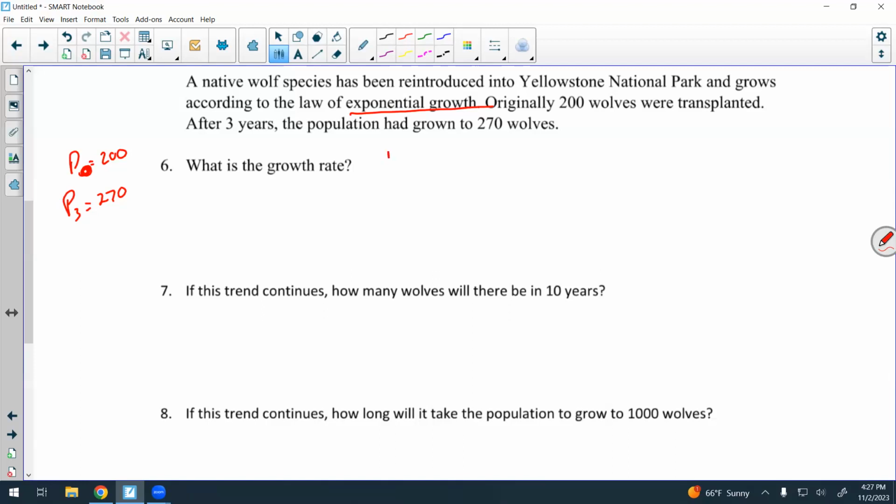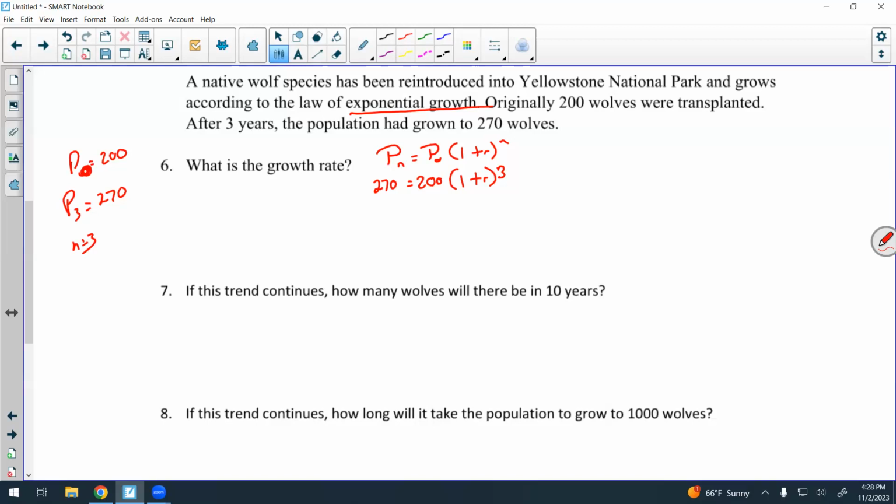And if you remember exponential growth, and if you don't, it's on the test. So I have n is 3, I don't have r. Now I have 270 equals 200 times 1 plus r to the third power. So what am I doing next? What's the first step here? Divide by 200.